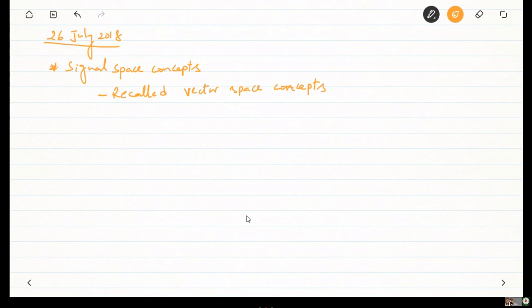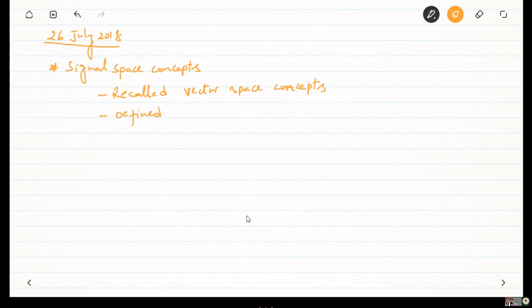We defined the inner product of vectors, and similarly the inner product for signals, and then the norm of a vector, and then the norm of a signal, and then orthogonality in terms of signals.